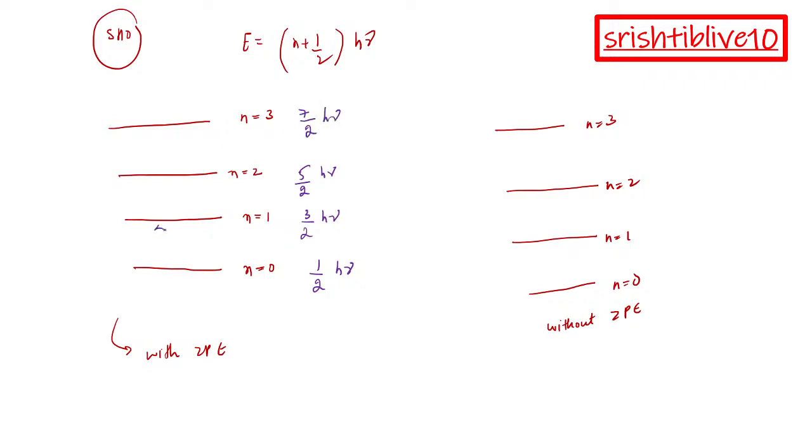Now what can I see over here? The energy difference is h nu, and h nu, and over here also the energy difference is h nu. If I use n equal to 0 without zero point energy, this means I'm subtracting half h nu from each, so it is going to be 0, h nu, 2 h nu, 3 h nu. This difference is also h nu.